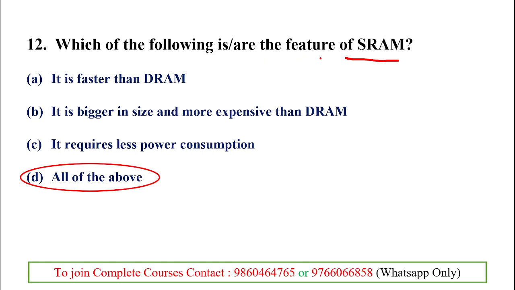To remember this concept, remember SRAM. SRAM is very fast. SRAM is faster than DRAM, and it is also bigger in size, and more expensive, because SRAM is very powerful, so it is more expensive than DRAM, but it consumes less power.